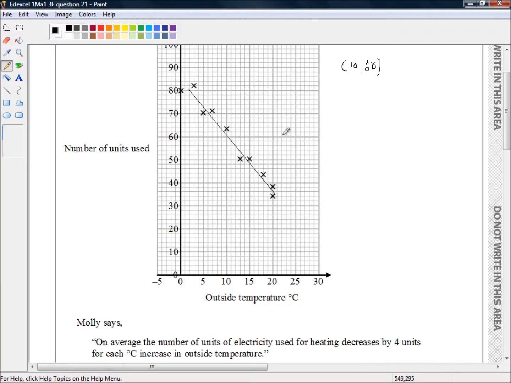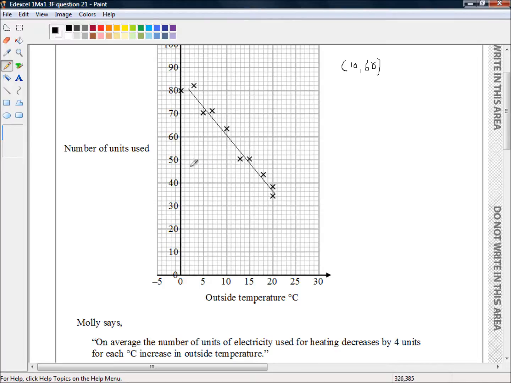And we can also define the line by, well, we can go either to the 20 or the 15. I'm going to go to the 15 because I think that line's very close to the 50. I don't think it's exactly on the 50.